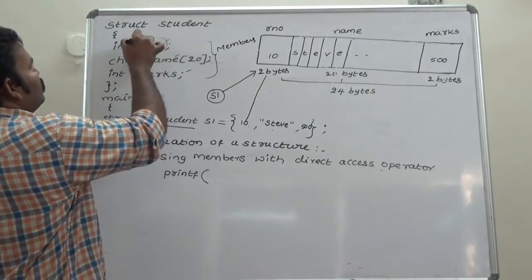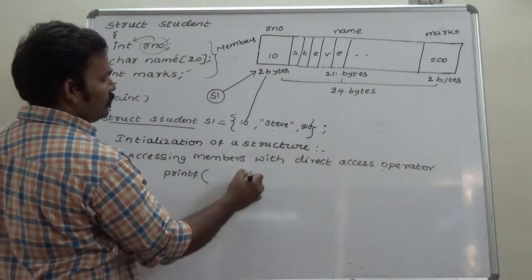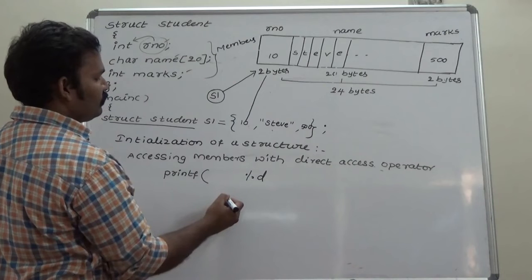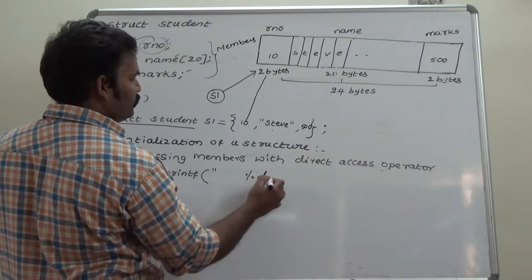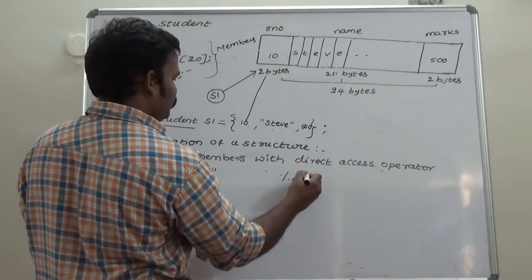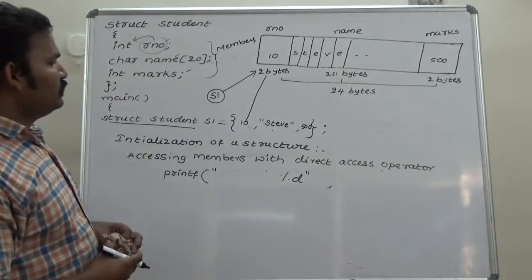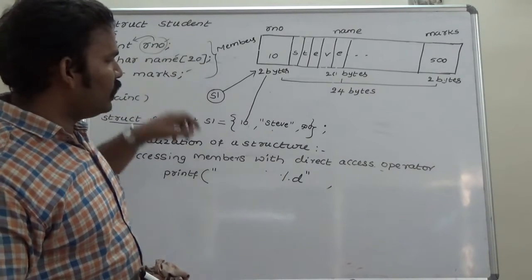What is the format specifier here? Within the double quotes you have to write the %d format specifier, comma, then the name of the member, roll number.